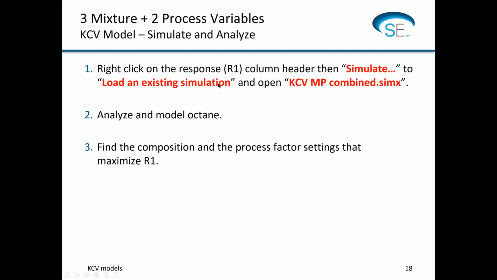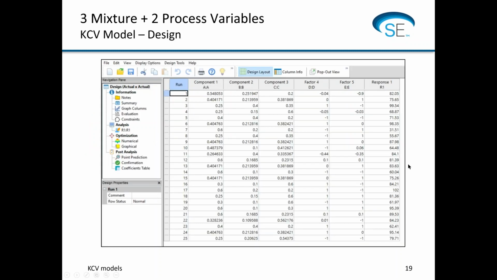Okay, then we'd have the students run a simulation, analyze it, and we asked them to find process factor settings that maximize the response R1. So this is the type of design you get.